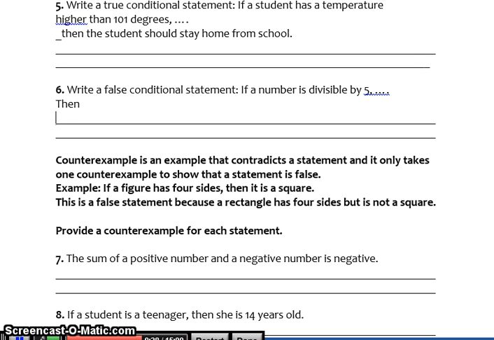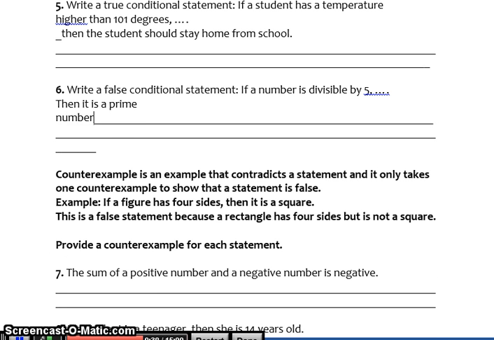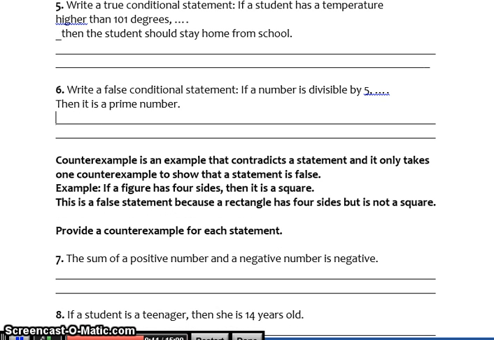It's going to be divisible by something other than itself and 1. So something false that I could say is, then it is a prime number. Now, the only prime number that's divisible by 5 is going to be 5. So this is a false conditional statement. Just because a number is divisible by 5 does not mean that it is a prime number.